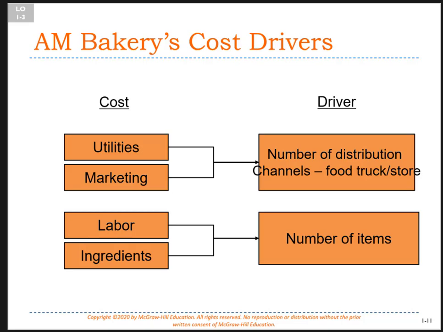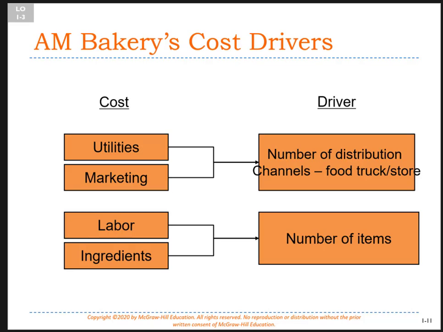Okay? Now, stuff like labor and ingredients, those costs are going to go up or down based not necessarily on how many locations you have, but on how many products you make, how many items you produce. Obviously, if you're going to make croissants, how much flour or how much butter you need is going to depend on how many croissants you make.